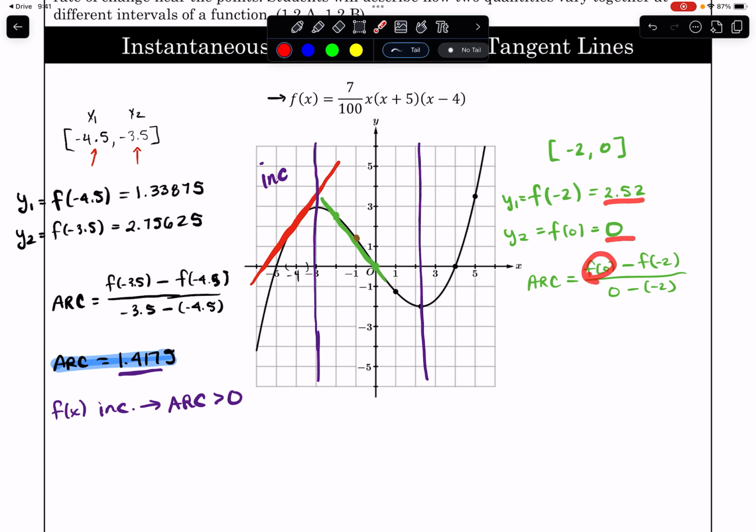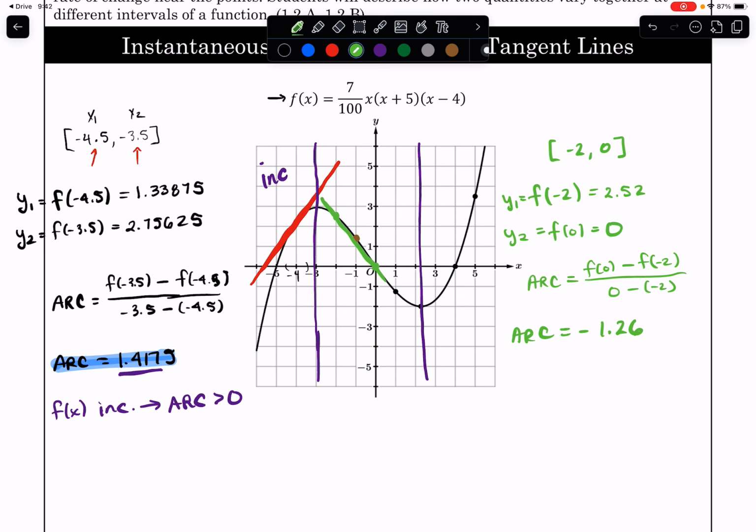So I'm just using that notation. But remember, this means 0 and this means that. So in the calculator, I'm writing 0 minus this on the top, and I'm going to divide it by 0 minus -2. And that gives us an average rate of change equal to negative 1.26.